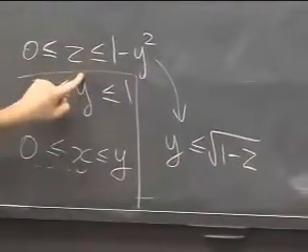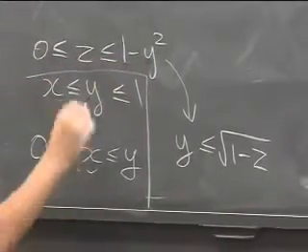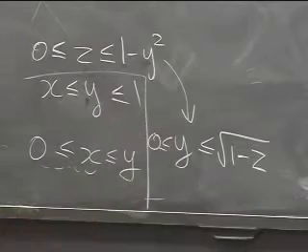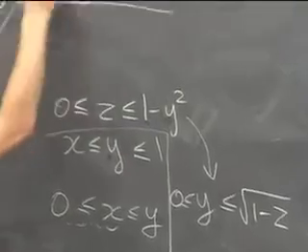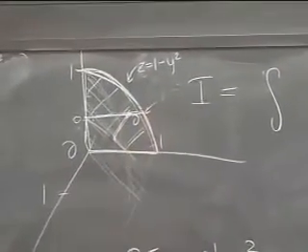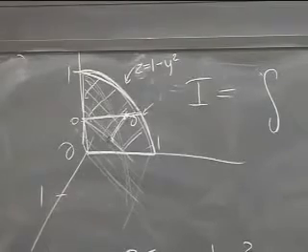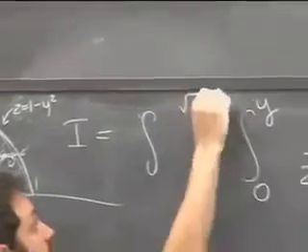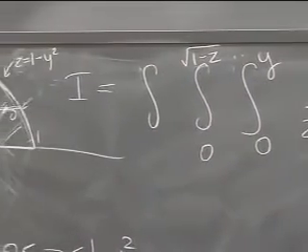I just made y the subject here, y squared less than or equal to 1 minus z, and take the square root to get root 1 minus z. And of course y is going to start from 0. So it's going to go from 0 up to that value of y, which is root 1 minus z. And finally, the z range goes from 0 to 1.